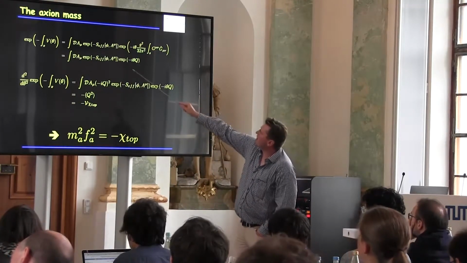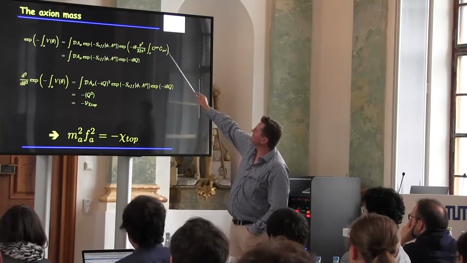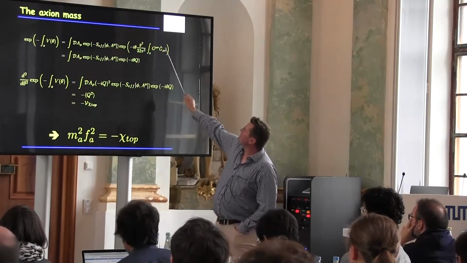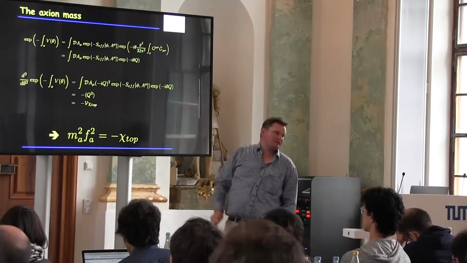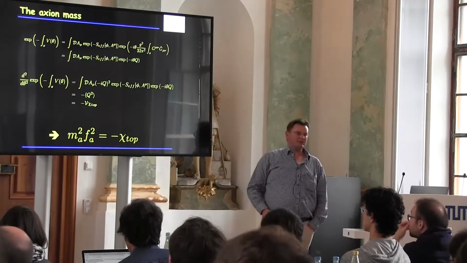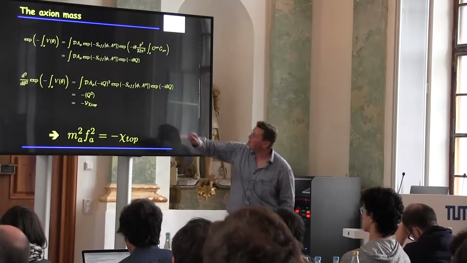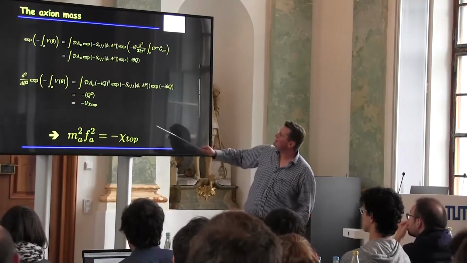And if you do that on the path integral side, you have your path integral from earlier. But let me now just for convenience write this explicitly as the topological charge Q. So you have here this exponent with the topological charge. And if you now take the second derivative, nothing here depends on theta.